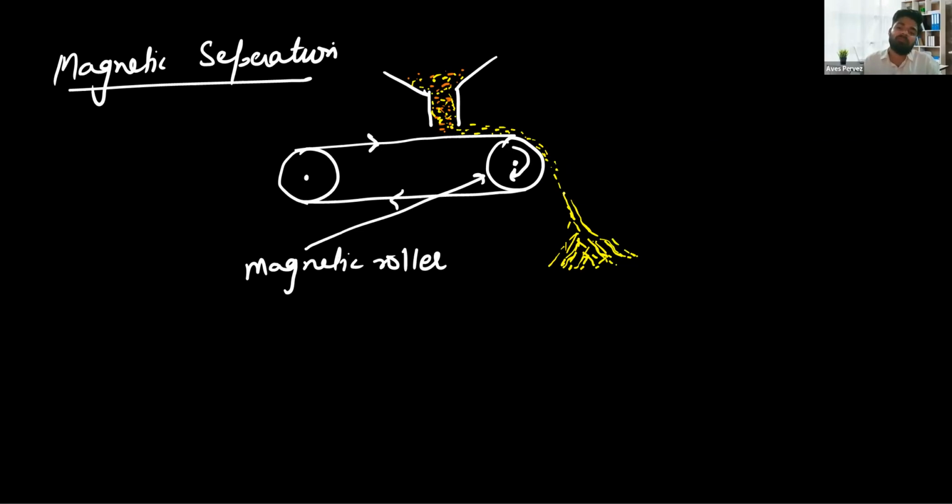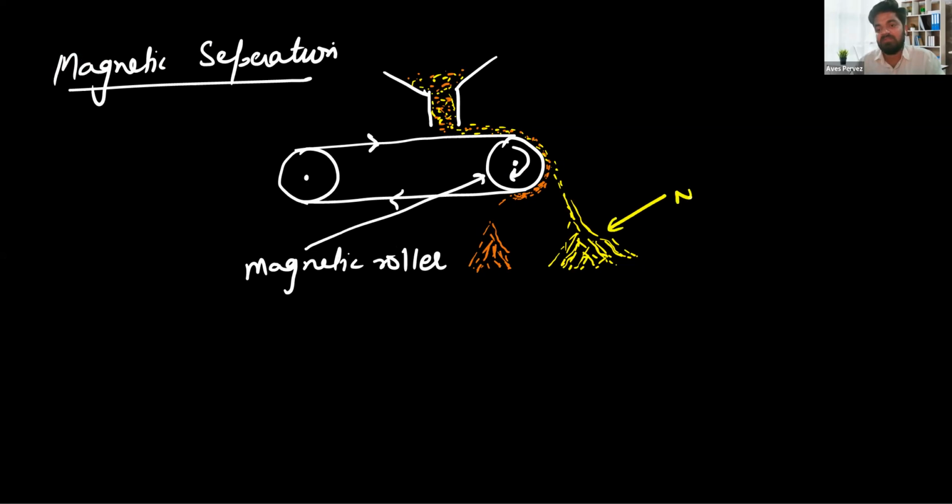The one which is attracted stays with the magnetic roller, and when it comes around it demagnetizes here because the magnetic effect is removed from there. It forms a separate heap. So this is the way of magnetic separation. This is the non-magnetic substance.